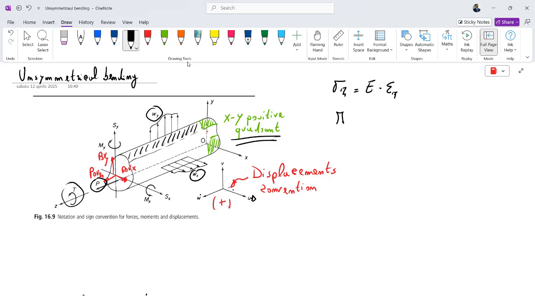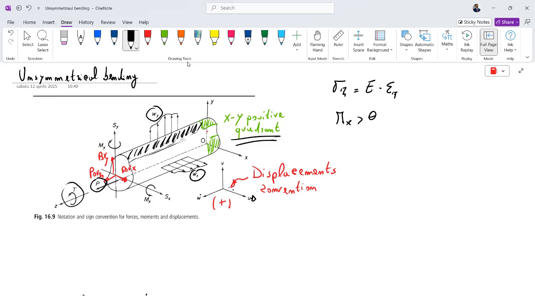That means these fibers are in tension. Also, these fibers have a tensile stress, and Mx is positive. So Mx is positive if all these fibers here are in tension.